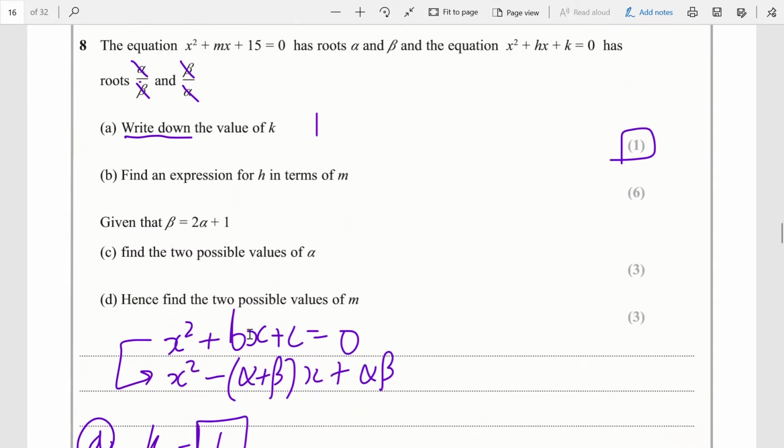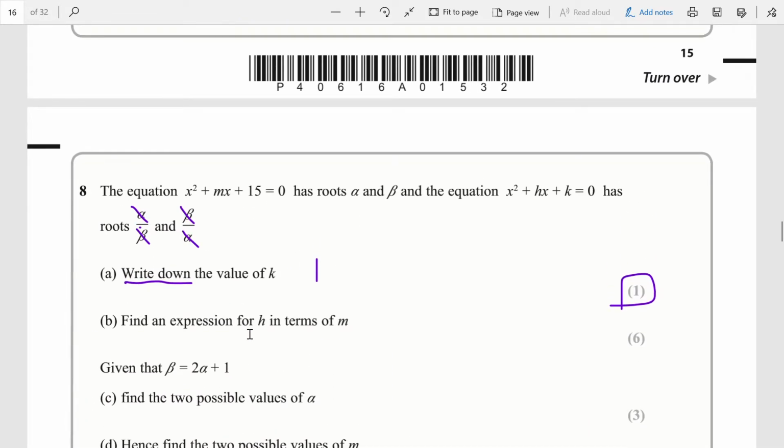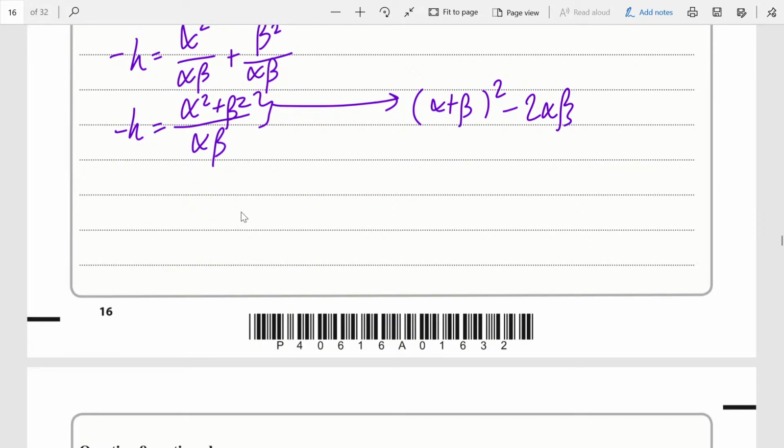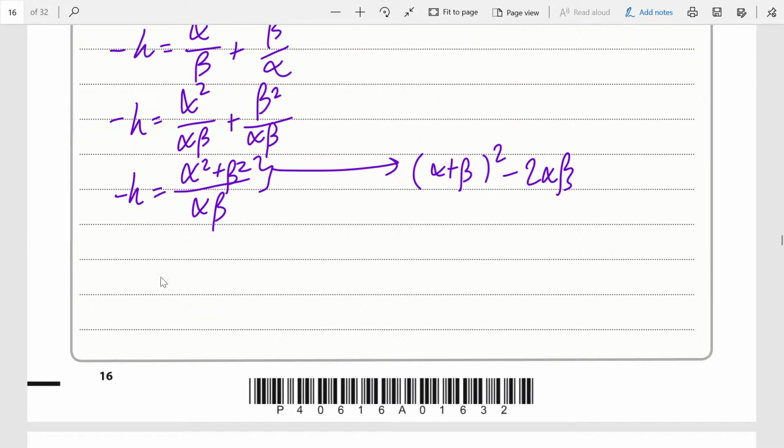And what we can actually do, because they give us the constant term in this equation, the 15 here, we can say that firstly, minus h is going to be equal to alpha plus beta squared minus 2 alpha beta over alpha beta.